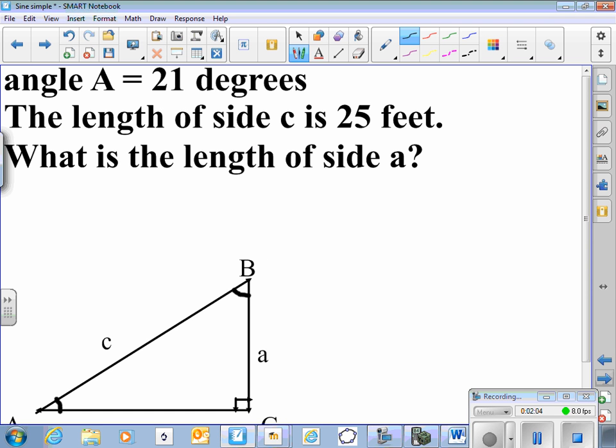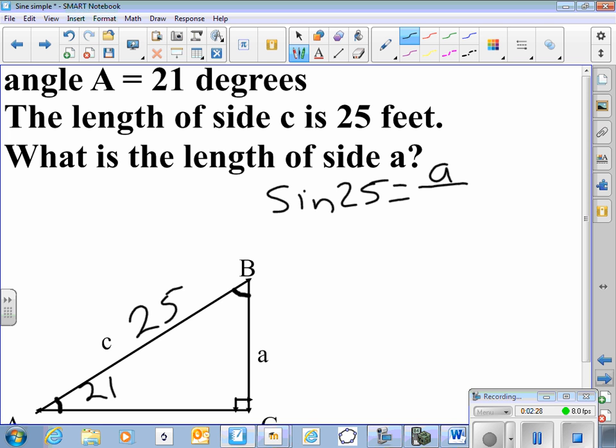So if you know that the angle A is 21 degrees, we know that much, and the length of side C is 25 feet, we can find the length of side A, because the sine of the angle is equal to the length of the side opposite divided by the length of the hypotenuse.